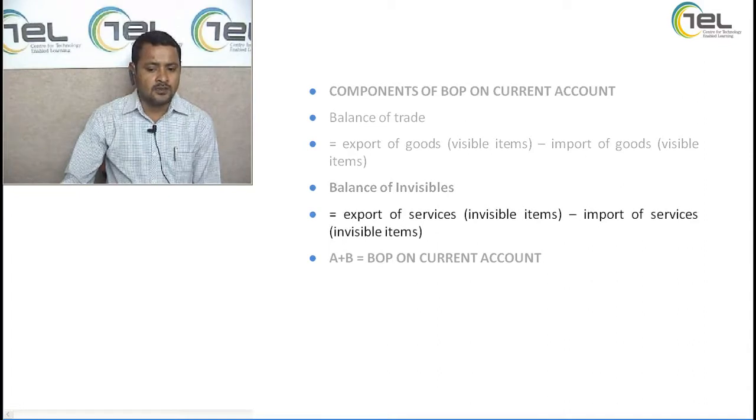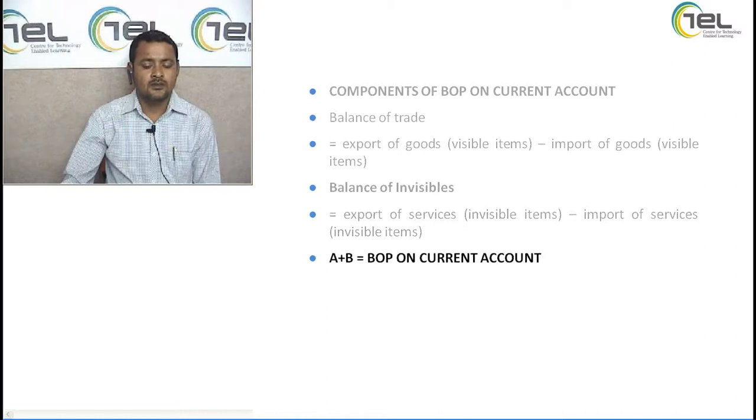Invisibles are services, so balance of invisibles would be export of services minus import of services. So balance of payment on current account would be balance of trade plus balance of invisibles. By adding them together, we'll have balance of payment on current account.